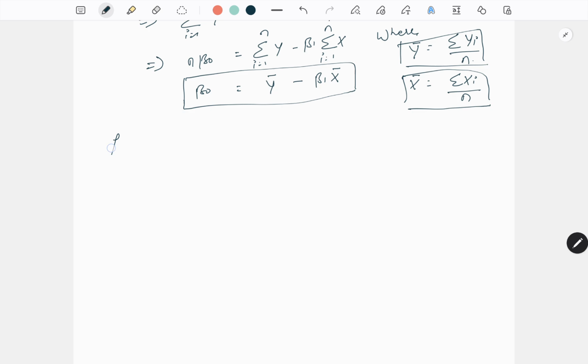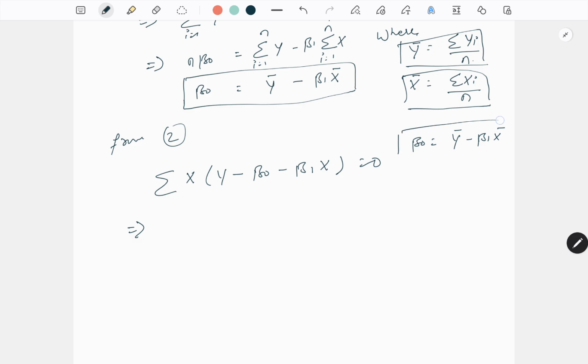Now coming to the second equation. From equation 2, we have sigma x times (y minus beta naught minus beta 1 x) is equal to 0. This is your equation 2. From here we already know that beta naught is given as y bar minus beta 1 x bar. So we can substitute the value of beta naught.